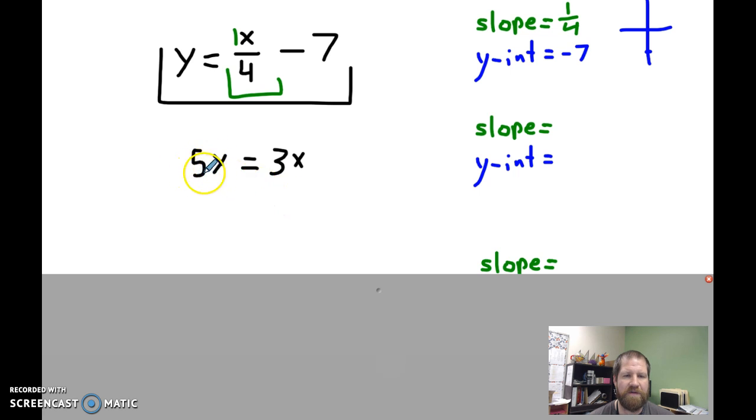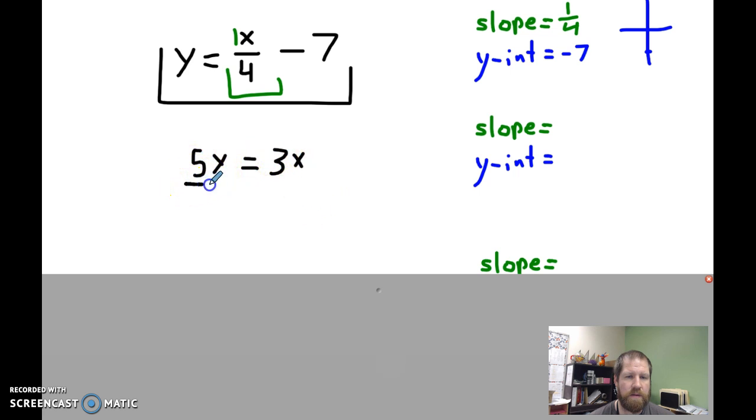It's got this 5 next to it, so I have to get my equation into slope-intercept form. All right, you should have already had a lot of practice doing that with your systems of equations, because what we basically were doing to get a value to substitute is to get our equation into slope-intercept form.